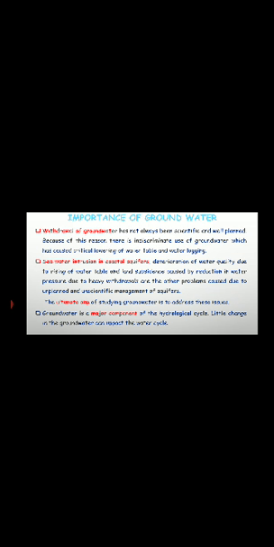So a little change in the groundwater can impact the water cycle. So we'll see now how the groundwater plays an important role in the hydrological cycle. We have already studied the hydrological cycle, right?